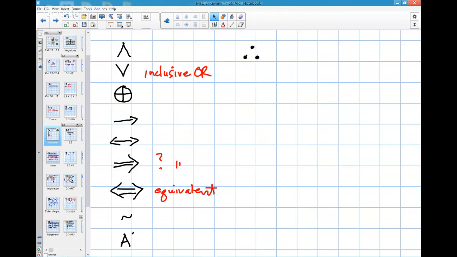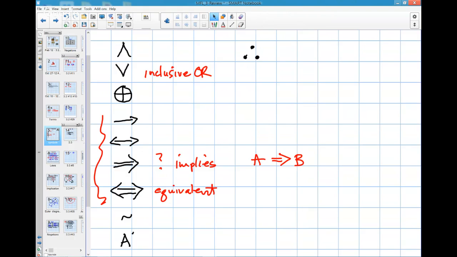So if you wrote A and then that arrow B, that reads A implies B. If you use the noun form, that's the symbol for implication. Yeah, there's a lot of these. All of these look an awful lot alike, so you really have to be careful.